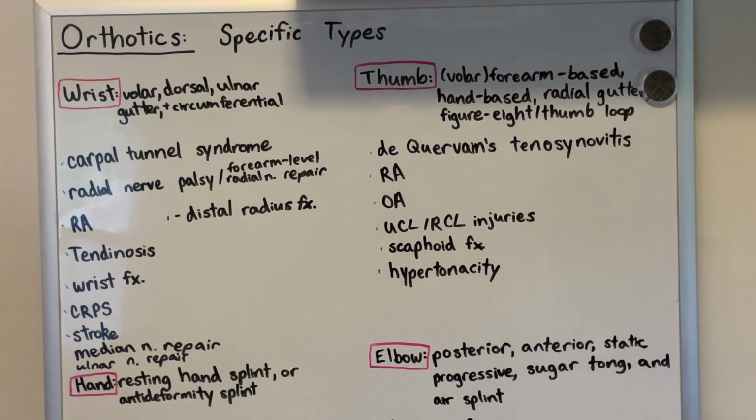But that doesn't necessarily mean that every condition listed under that body part or joint has to be one of those 4 or one of the 2 types of general splints. There are potentially others as well.